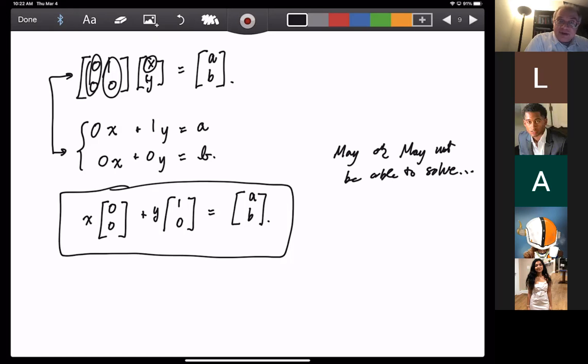That's a statement of what the system is asking you to do: produce this vector on the right-hand side as a linear combination of the column vectors from your coefficient matrix. Is that clear?